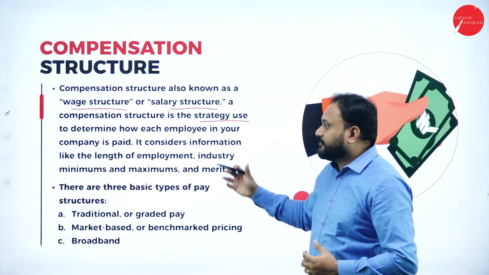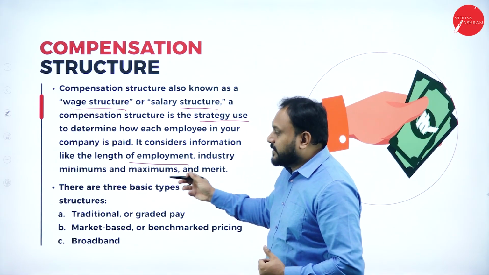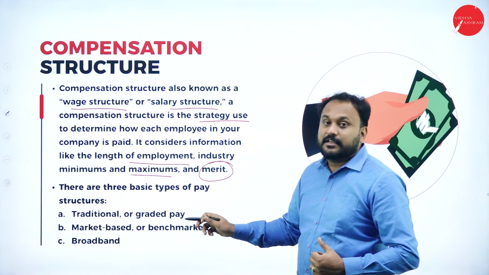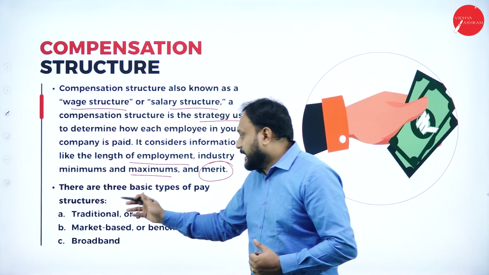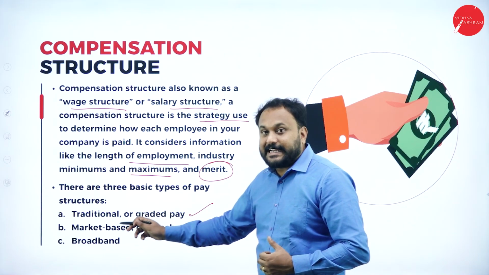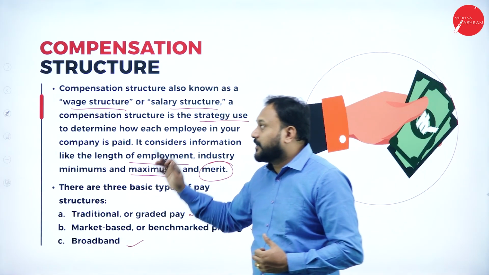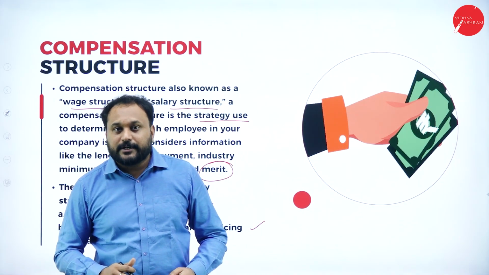It considers information like the length of employment, industry minimums as well as maximums, and the merits. All these will be in the compensation structure. So there are 3 basic types of structure. The first one is traditional, second is market based, and the third is broadband. So here you just need to know the meaning of compensation, nothing more about it, right?